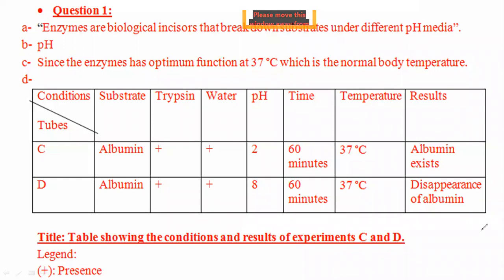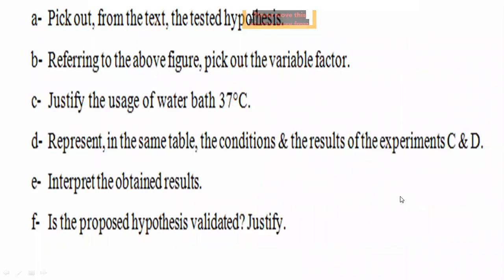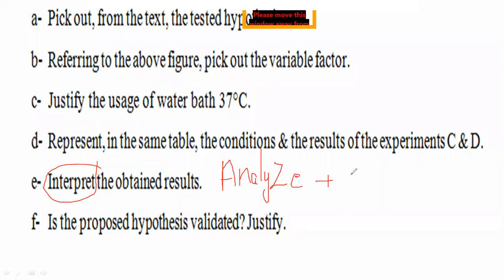Yes, Ustaz. Okay, great. So let's move now to part E. They said interpret. Interpret is the big problem here. What is the meaning of interpret? It's analyze plus indication. I repeat this for the 100th time: analyze plus indication. In the quiz last time, some of you did only analyze.